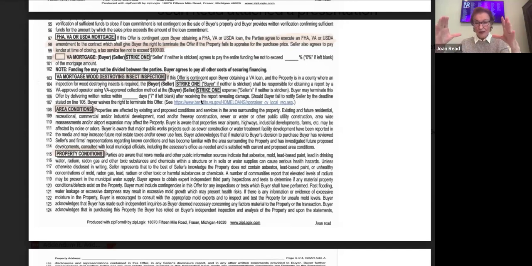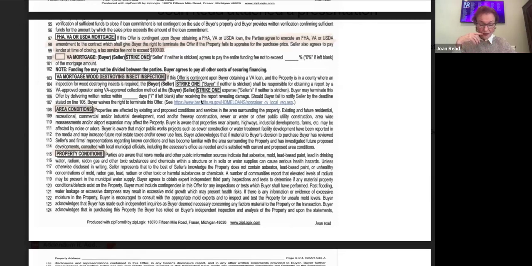So you send them a notice waiving the contingency, and then buyer delivers written verification from a financial institution or a third party in control of buyer's funds that buyer has at the time of verification, which is now, sufficient funds to close this transaction, which are not contingent on the sale of the buyer's property. This is important. When it says at the time of verification, that means now when you're writing the offer, those funds are available, not in 60 days or whatever.